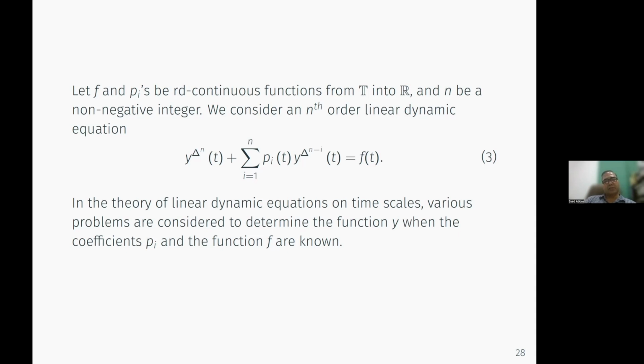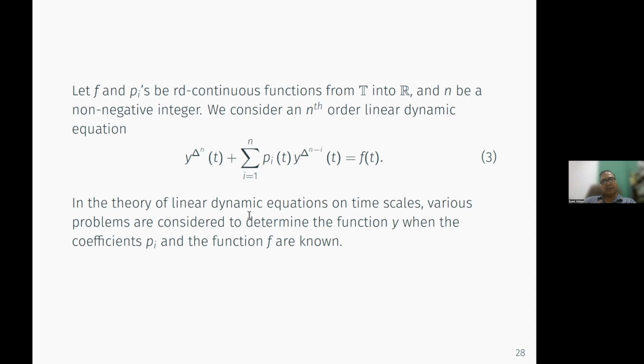First, we consider this equation, which is an nth order linear dynamic equation, corresponding to an nth order linear ordinary differential equation. In this case, f and p_i are rd-continuous functions from T to R, and Δ^n denotes the nth derivative. This is the equation which we first want to discuss.